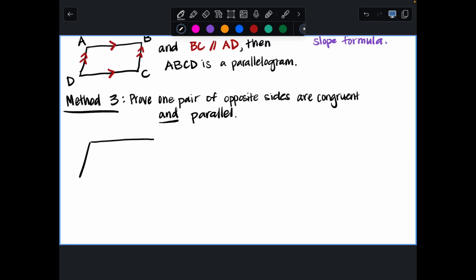So this is the same parallelogram, ABCD. And we're just choosing one pair of sides.